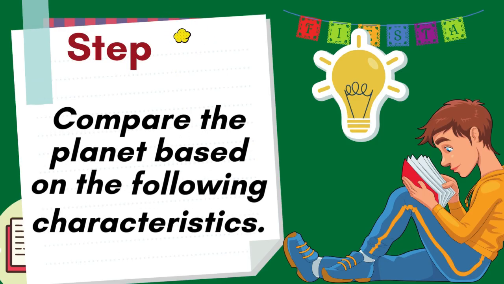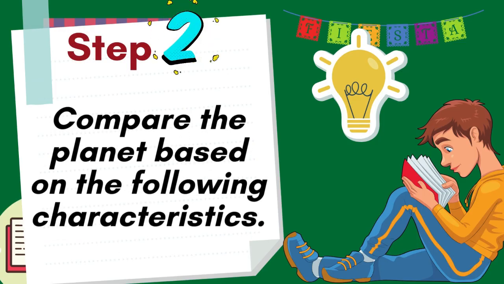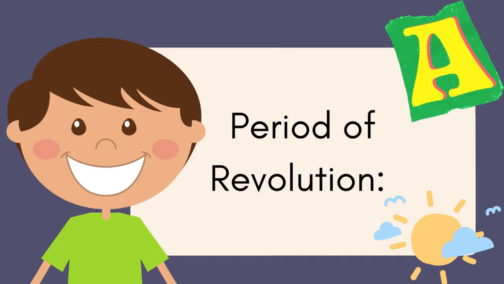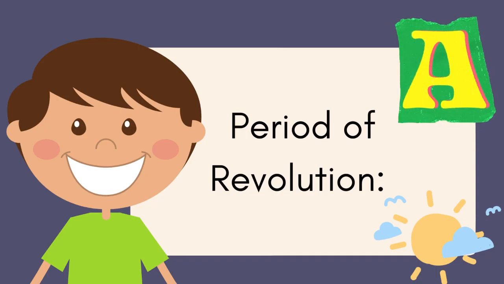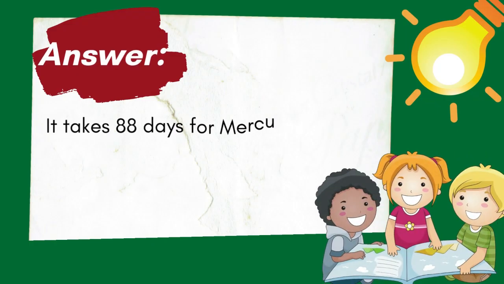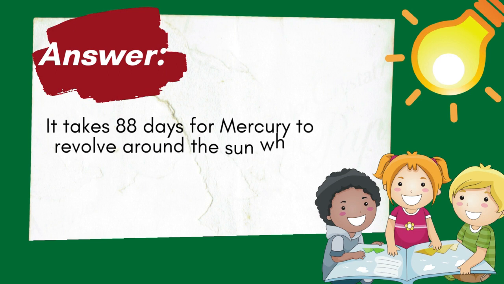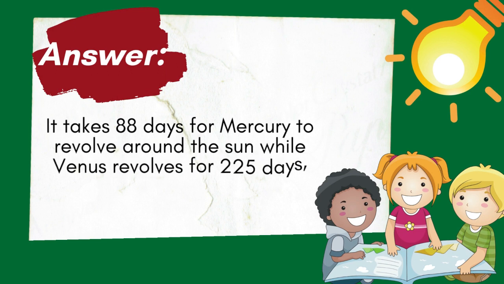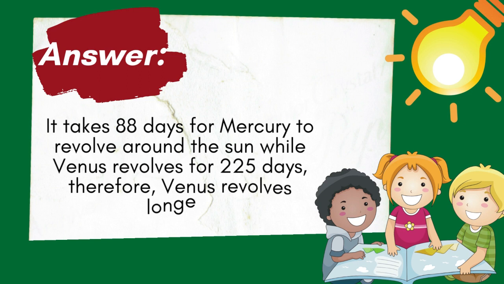Step 2. Compare the planets based on the following characteristics. Letter A, period of revolution. Our answer will be, it takes 88 days for Mercury to revolve around the Sun, while Venus revolves for 225 days.